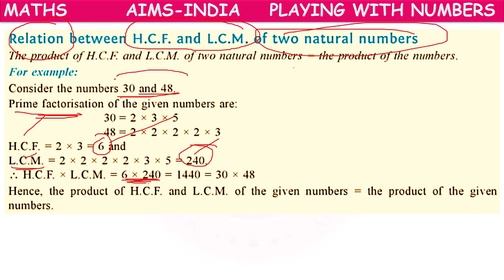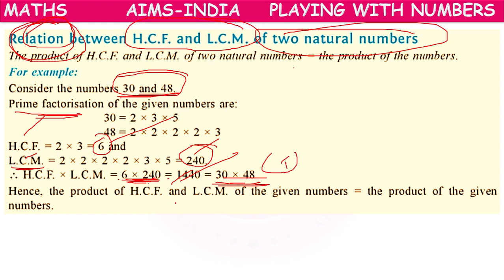What are the given numbers here? 30 and 48. So it is equal to the product of 30 and 48. 6 into 240 is 1440. 30 into 48 is 1440. So this relation is true.